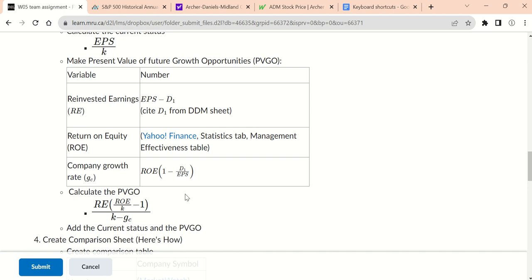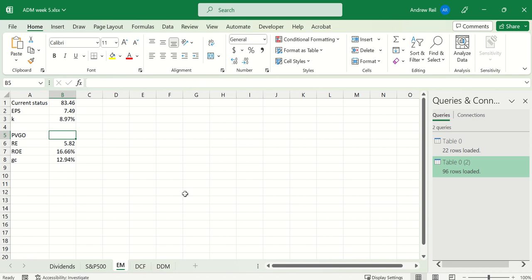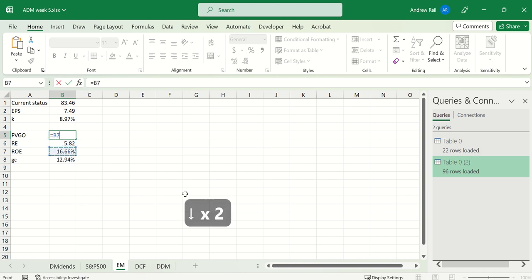So now I can calculate the PVGO. Just to remind you, RE times ROE over K minus 1, divided by K minus GC. So equals the RE multiplied by, in brackets, the ROE divided by K minus 1, close brackets, divide by, and I'm going to put the denominator in brackets, because otherwise it would just divide it by K, and the whole thing would be minus GC.